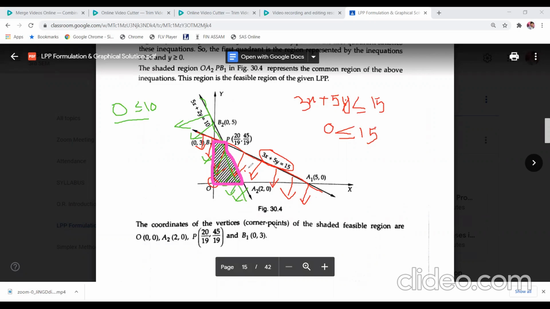Because if you take this other part, it will not be in this line. You can't take that one, and you have to take the first quadrant part only, because the negative axes are not considered here. So always the solution region lies in the first quadrant itself. This is the common region in the first quadrant.